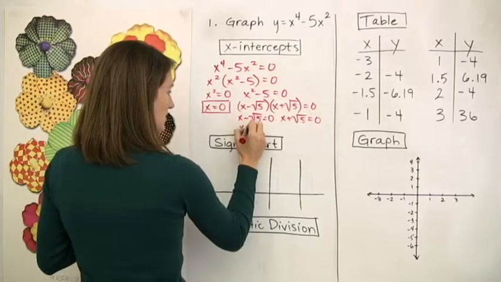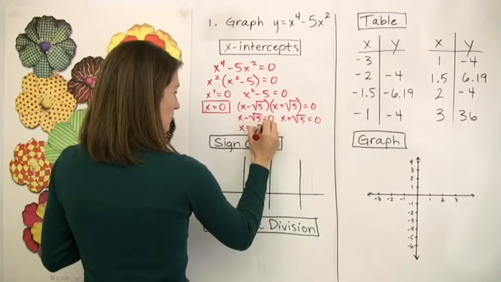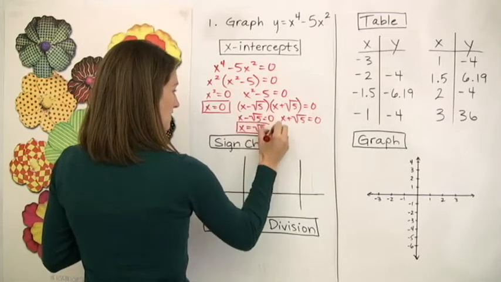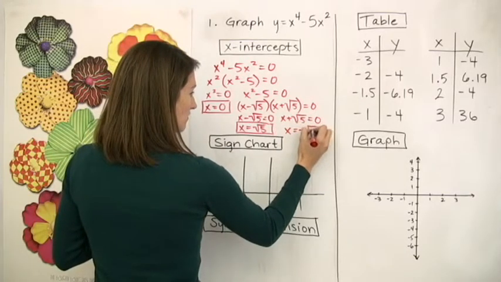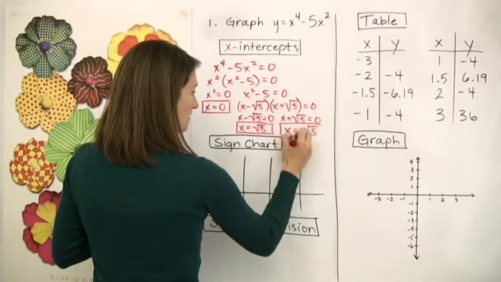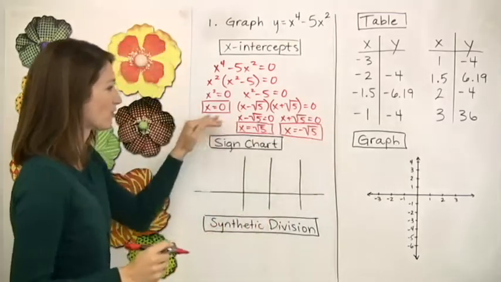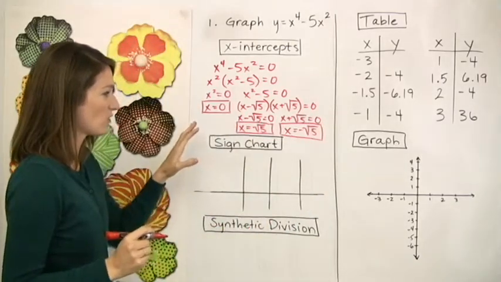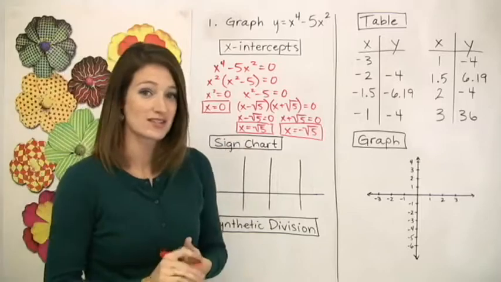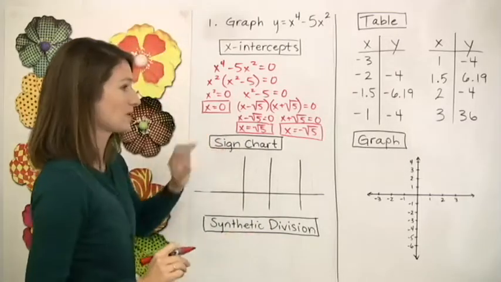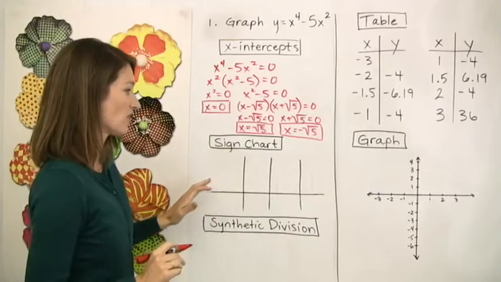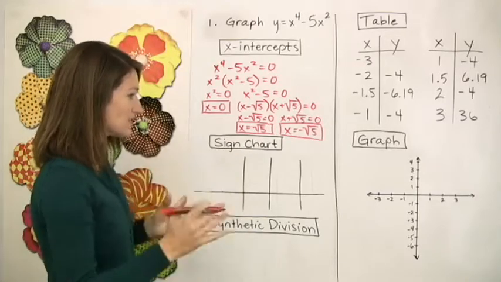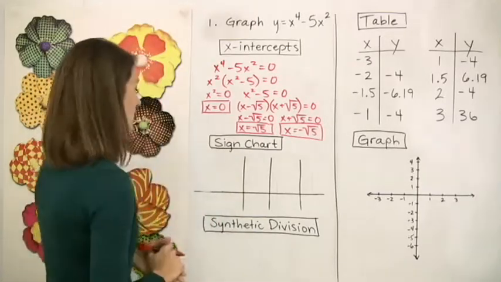We have x equals the square root of 5, and x equals negative the square root of 5. So here we found our 3 x-intercepts, so we know that the graph is going to cross the x-axis at these 3 points. So let's move on and see if we can fill in this sign chart to help complete the picture of what our graph is going to look like.